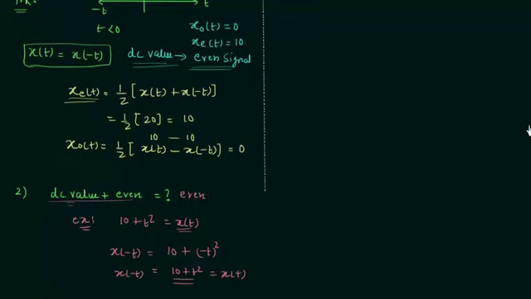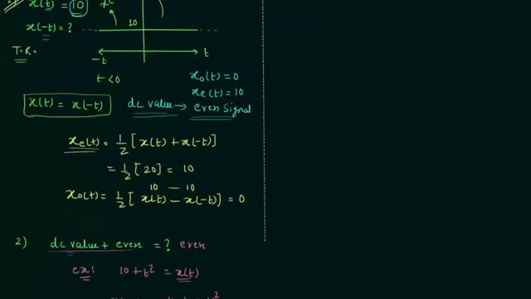One more thing you can see from this result, the DC value is an even signal. So here we are performing the addition between an even signal and an even signal. So the sum of two even signals will give us an even signal. So in this property we have two results. DC value plus even is equal to even, and even plus even is also equal to even.